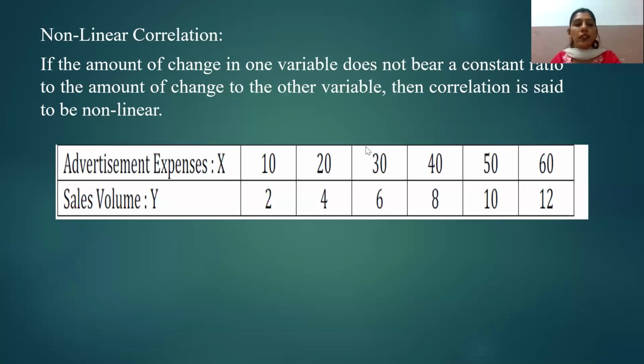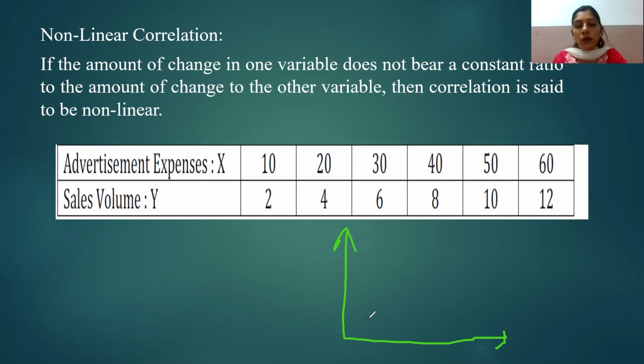As we can see in this example, advertisement x is 10, 20, 30, 40, 50 and 60, and the variable y is 2, 4, 6, 8, 12, 10 and 12.